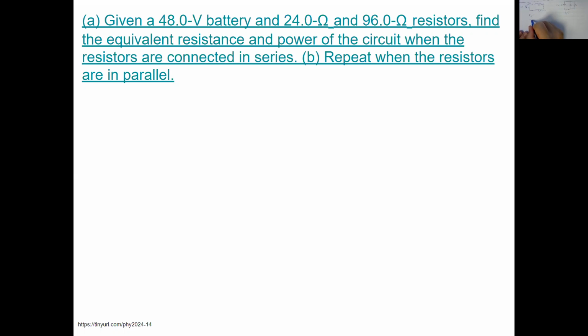For power, you can do epsilon times I, or V times I. There are several formulas: V times I, V squared over R, or I squared times R. Just remember those are the equations you might use. Give it a try, and then we can look at the solution together in a few minutes.